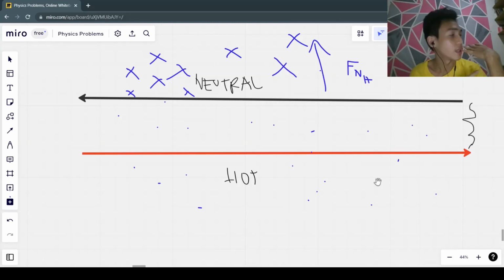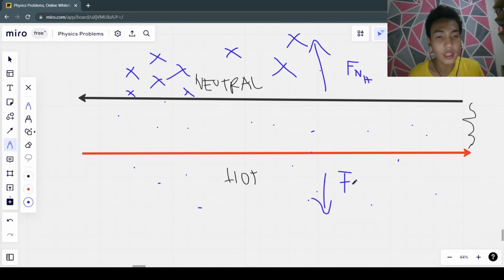These dots indicate that the magnetic field means our 4 fingers point toward our face and away from the screen, like a cobra. So, this is how it should look: our 4 fingers point toward us and our thumb points to the right side. If you notice, our palm is pointing downward. Therefore, the force acting on the hot wire created by the magnetic field of the neutral wire is going downward.